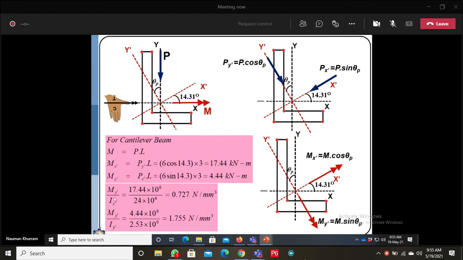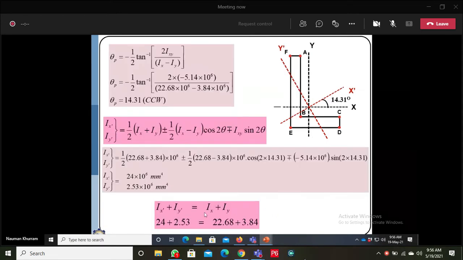I have already computed the factor Mx bar over Ix bar. Mx bar value is 17.44 kilonewton meter. I want to convert it into newton and millimeter, so I need to multiply by 10 to the power 6: 10 to the power 3 to convert kilonewton into newton, and 10 to the power 3 to convert meter into millimeter. And the moment of inertia about the x-axis is 24 into 10 to the power 6.